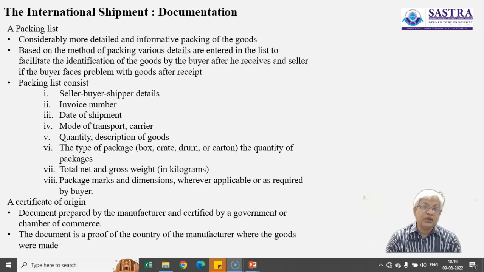So it is a very detailed, informative packing of the goods. It is based on the method of packing. Various details are entered in the list to facilitate the identification of the goods by the buyer after he receives, and the seller if the buyer faces problems with the goods after receipt.